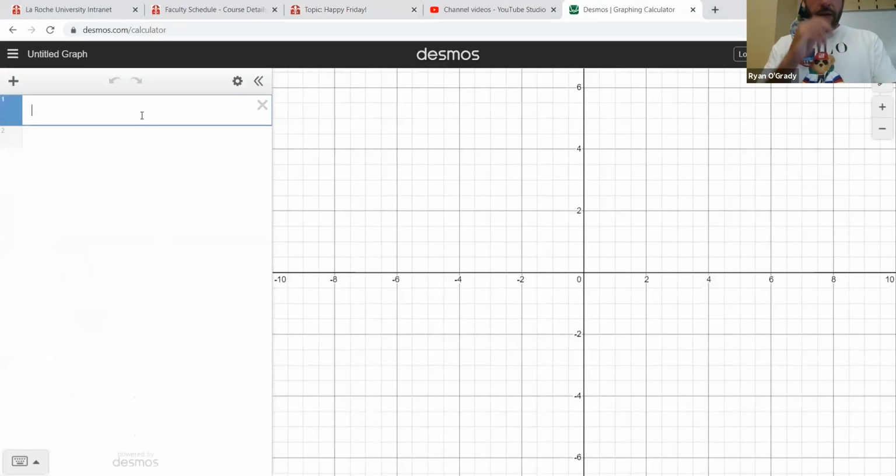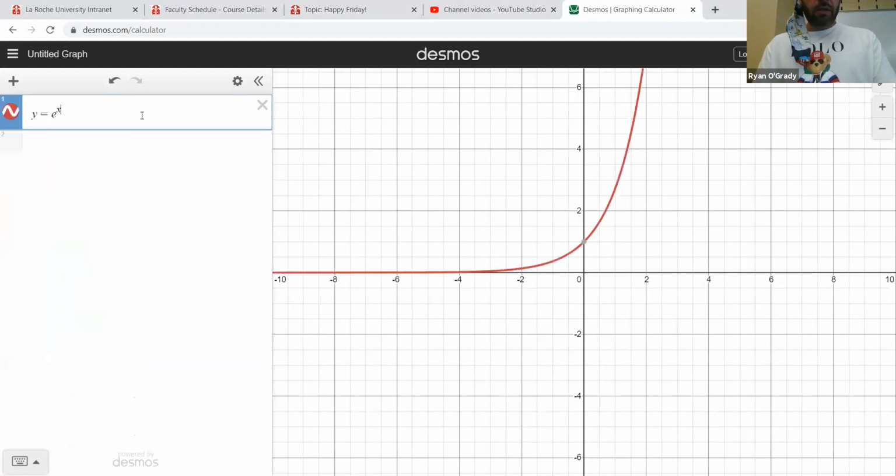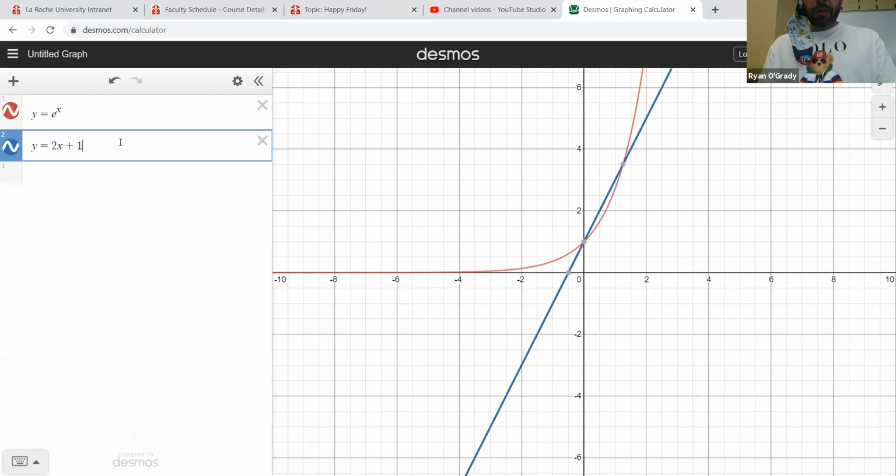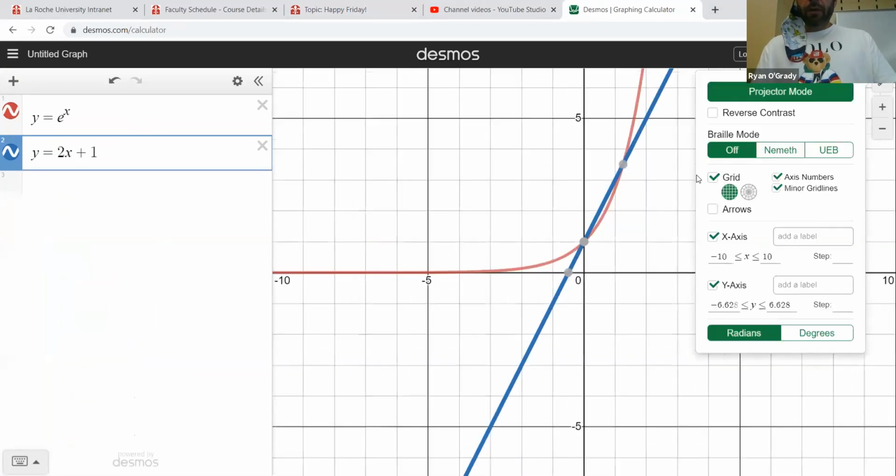Let's graph this. So you have y equals e to the x. Now the problem with y equals e to the x is it gets steep real quick, right? And then you have y equals 2x plus 1. If you just plug it in, you might say, okay, that's the only region there is. But there's actually not. There's going to be another piece to this.